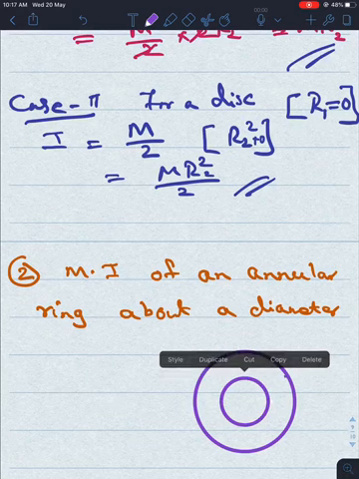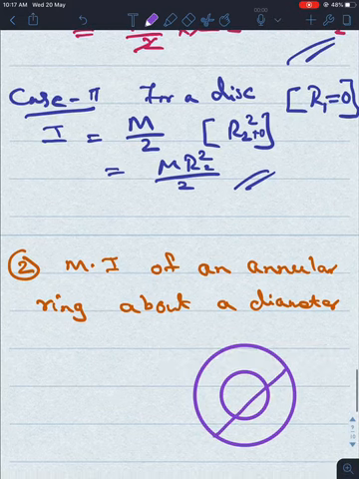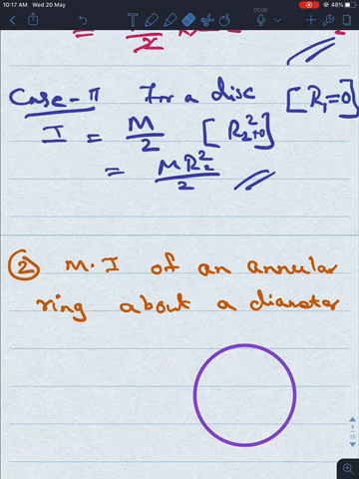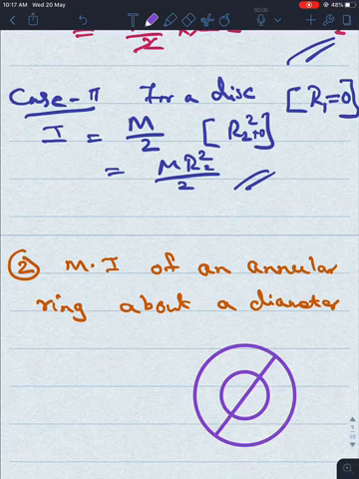Okay, about a diameter, about the diameter y prime.